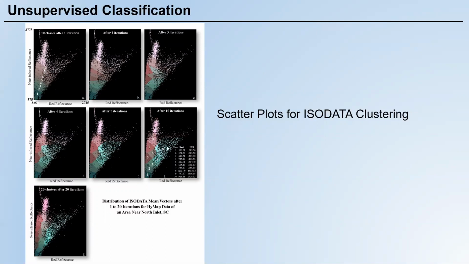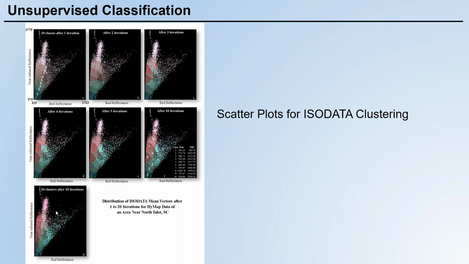If you compare this scatter plot after 10 iterations and the one after the first iteration, you will see that the spatial distribution of these classes within this feature space changed a lot. And after 20 iterations, this is the result.